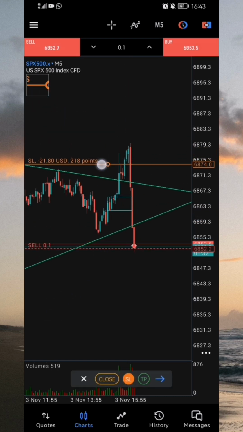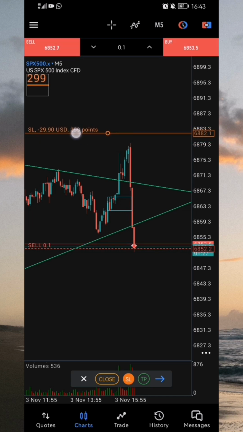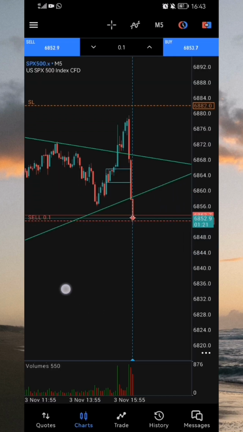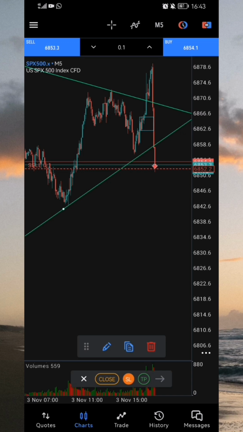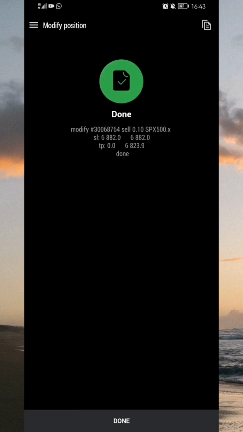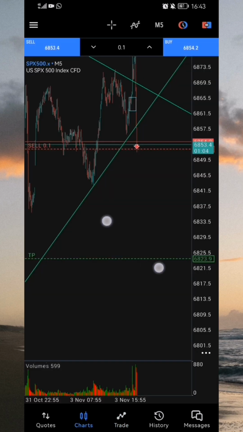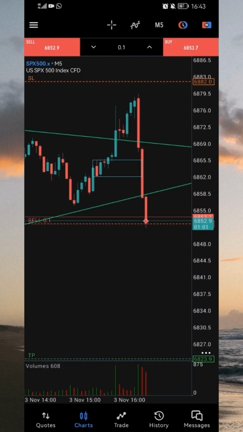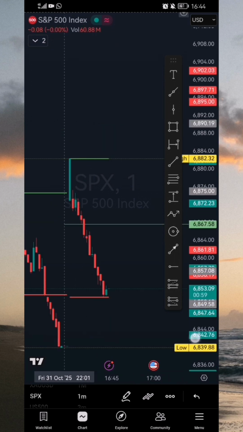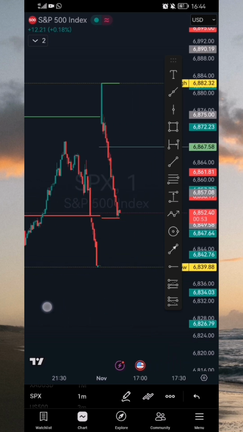$29. That's crazy for one trade. Let's see how it plays out.